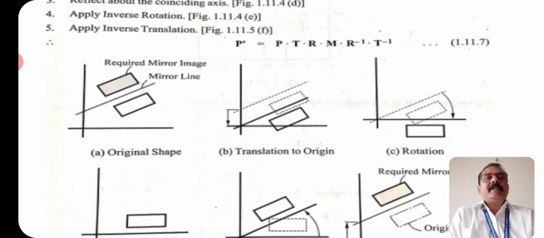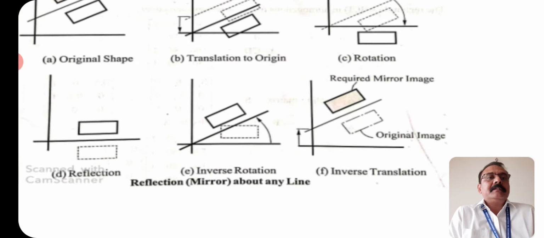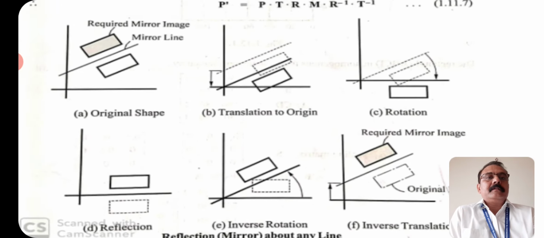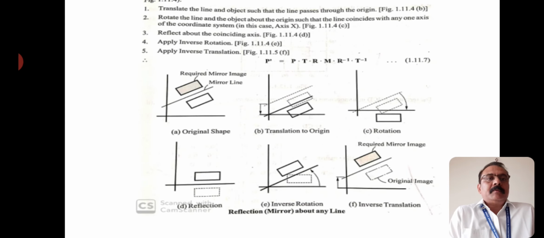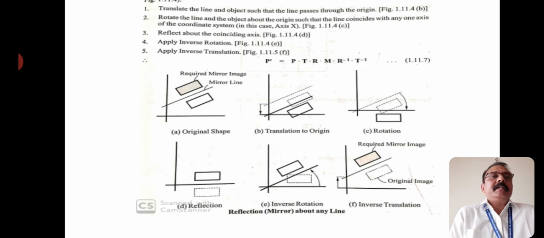Step number 5, apply inverse translation. These are the geometric transformations which are to be performed on the given rectangle to reflect it about an arbitrarily given line.